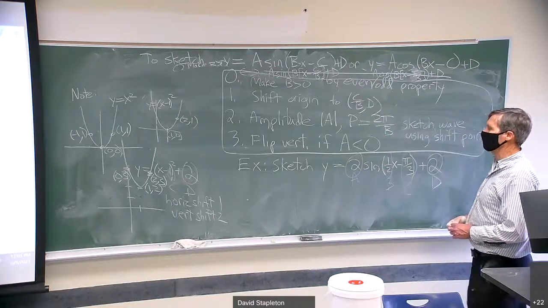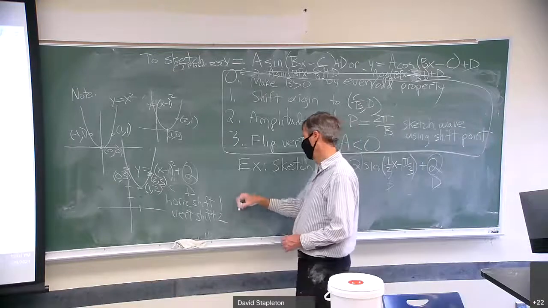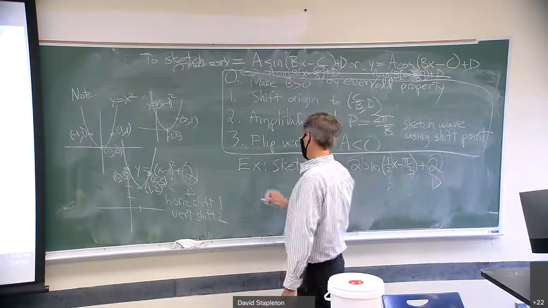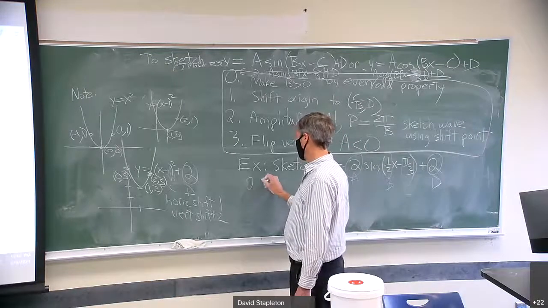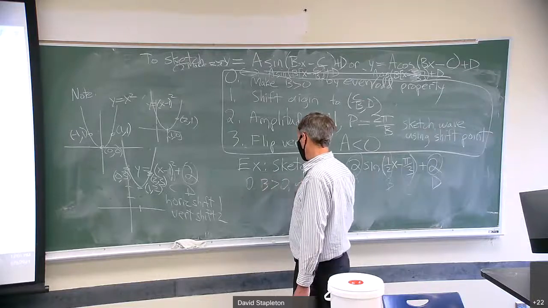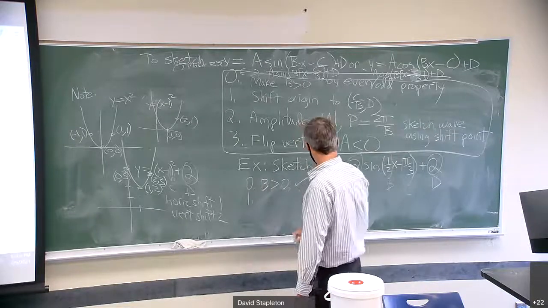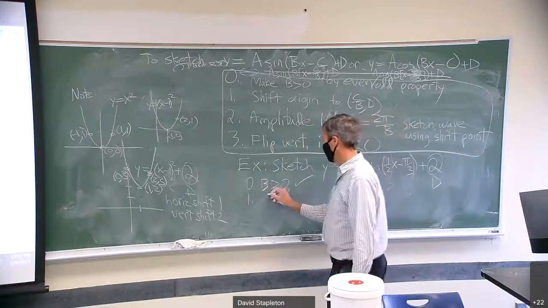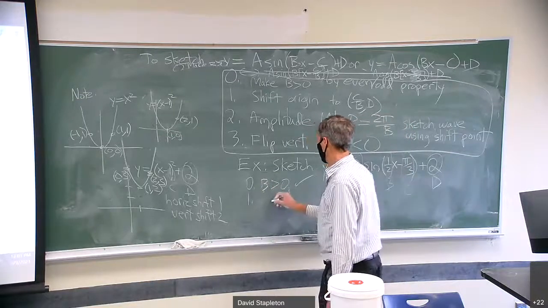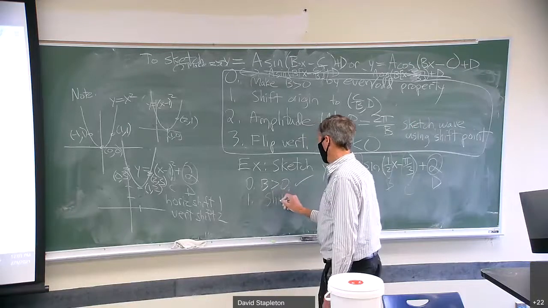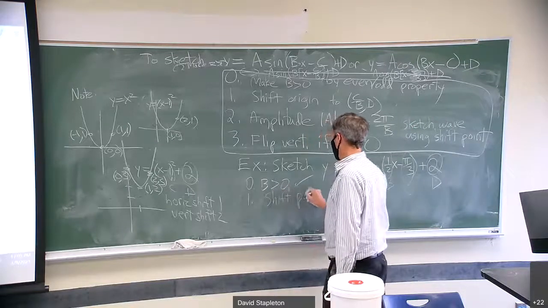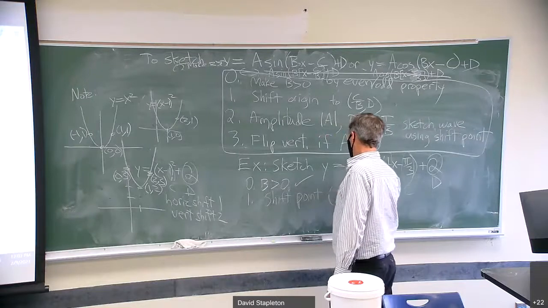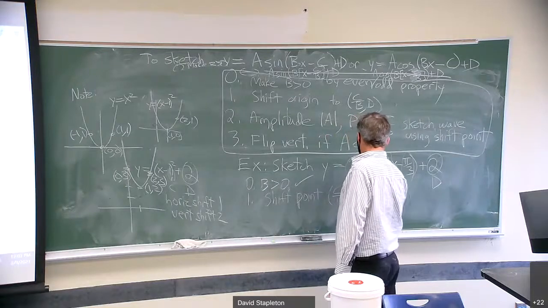From that, I just do these 4 steps, starting with 0. I make B positive. Well, step 0, B is already positive, so there's nothing to do there. I don't need the even or odd property. Now the second one, I shift the graph to the point C over B, D. I just read it off.